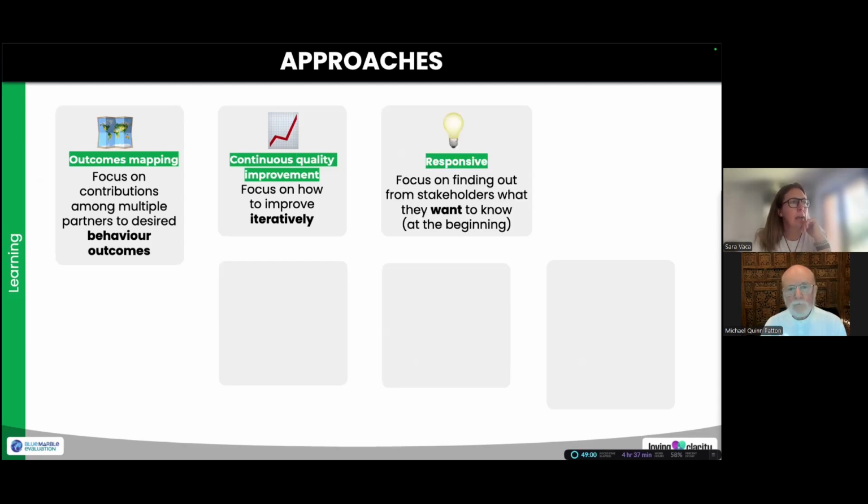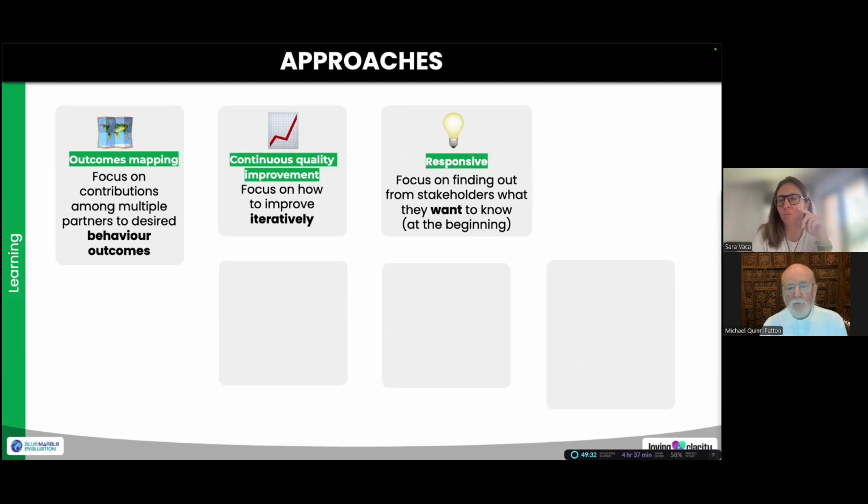Okay. Now we have responsive evaluation that is going to respond to the users or the stakeholders' needs, right? This is a big transition in the history of evaluation of moving from just the funders and evaluators determining what the evaluation ought to be to saying, let's find out what the people who are going to be using the evaluation or are involved in it.